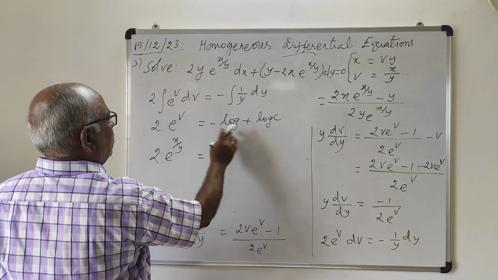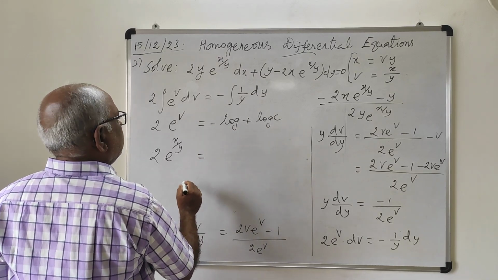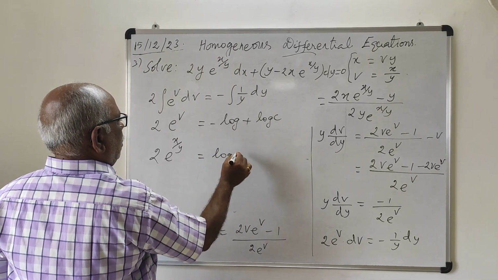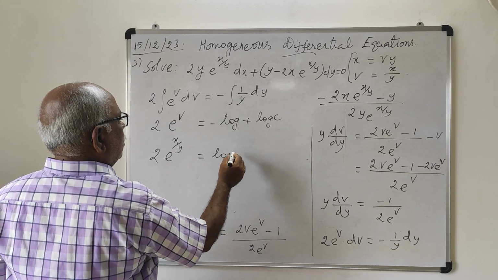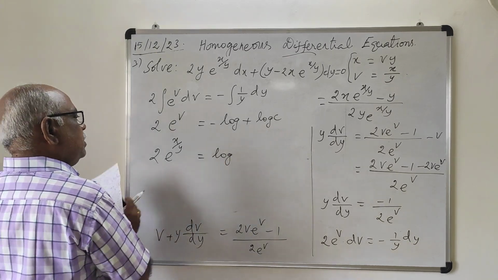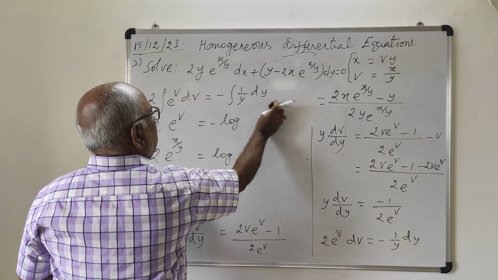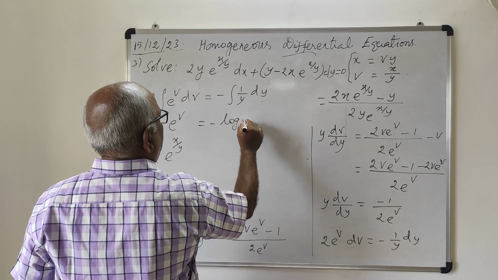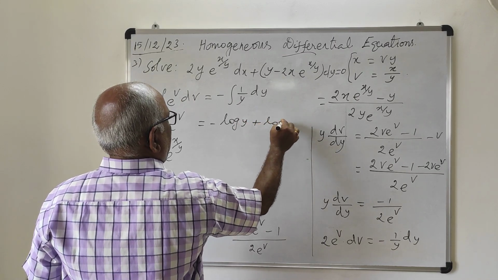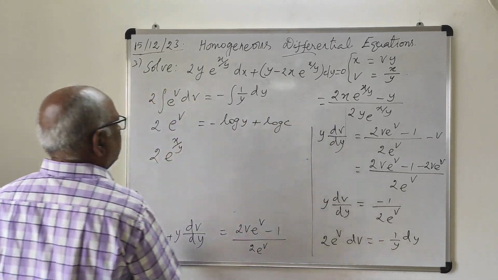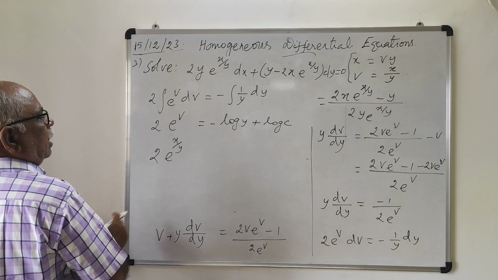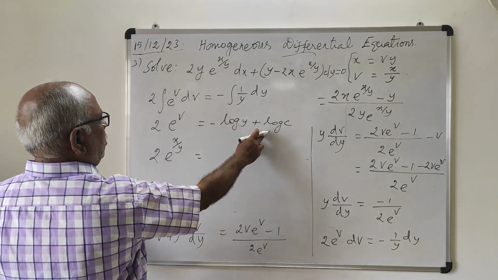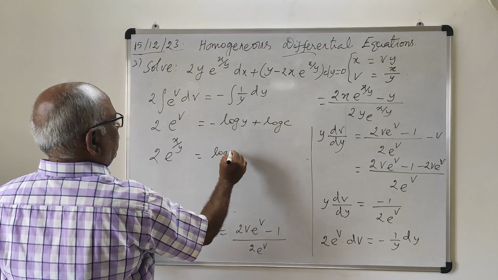Log m plus log n is log m n. You bring this minus log y, and log m plus log n is log m n. You will get log c by y.